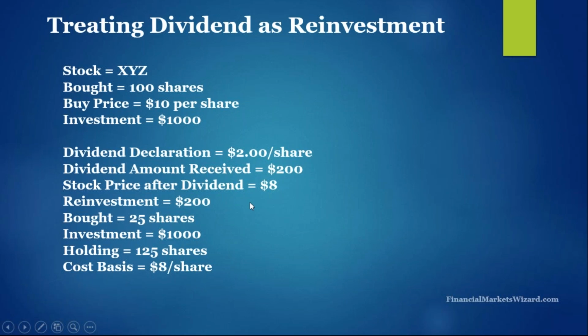So now you have 100 plus 25, you have 125 shares, and your cost base is $8. Instead of 100 shares, you have 125 shares, and basically your investment amount is the same, 1,000. You invested 1,000, but you're assuming that the stock will go up from 8 to 9 to 10.